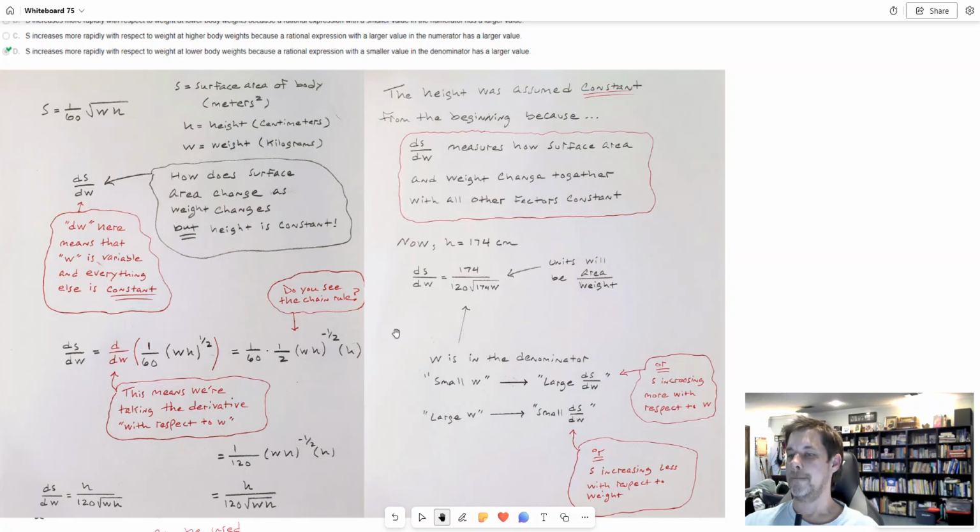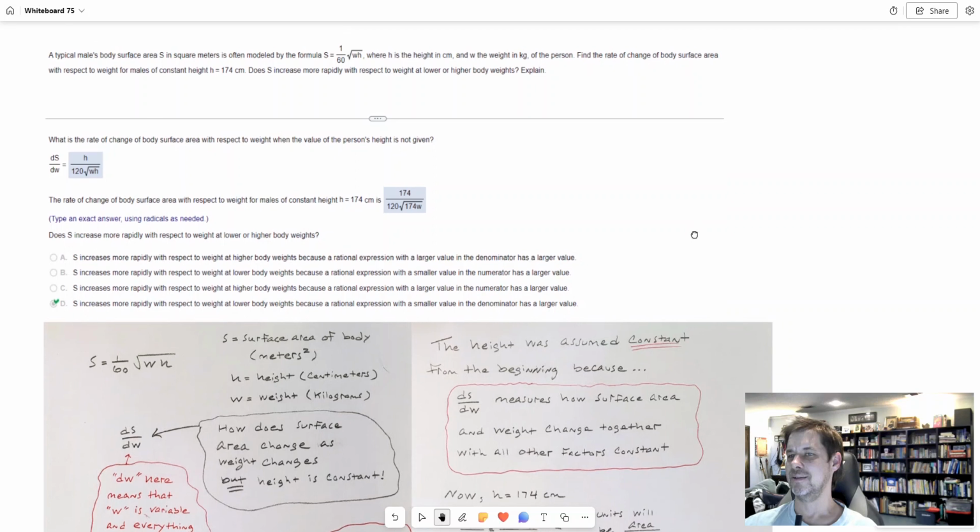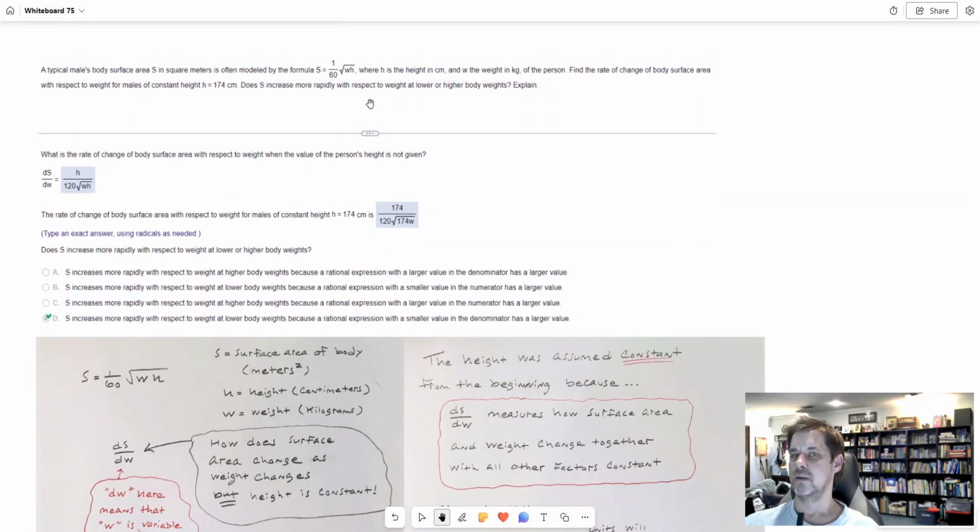Now, this last question is, can you tell me the big picture: does surface area increase more rapidly with respect to weight at lower or higher weights? I can see it being different. If somebody has a very low weight and they gain weight but stay the same height, then maybe the surface area of their body has to increase in a different way than if they were already much heavier.